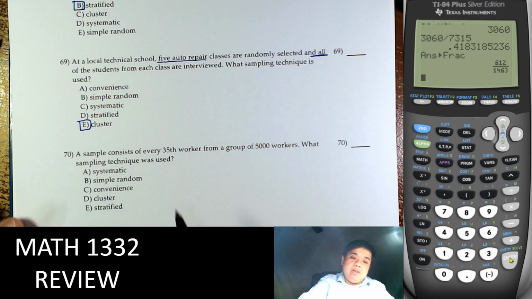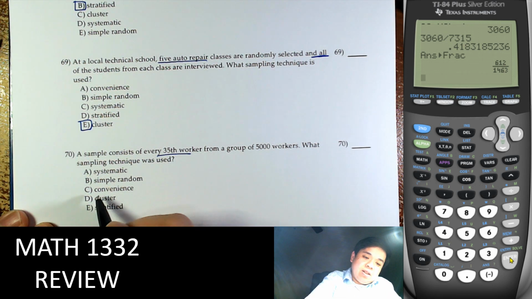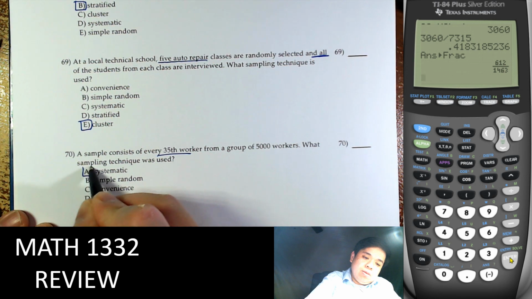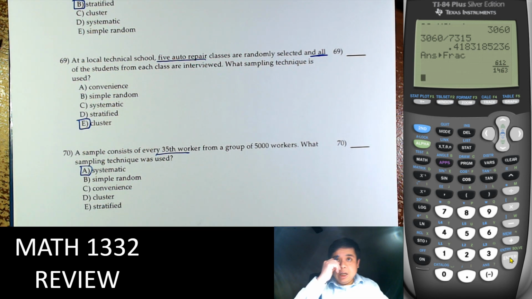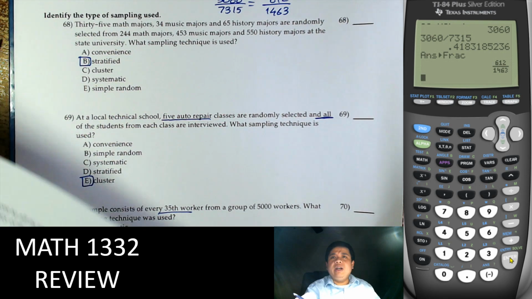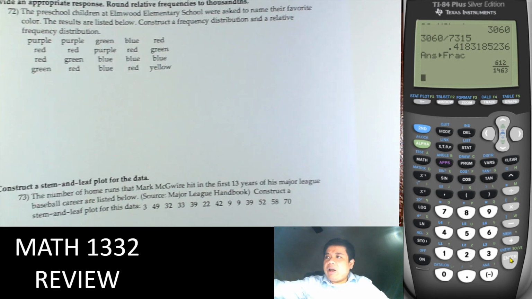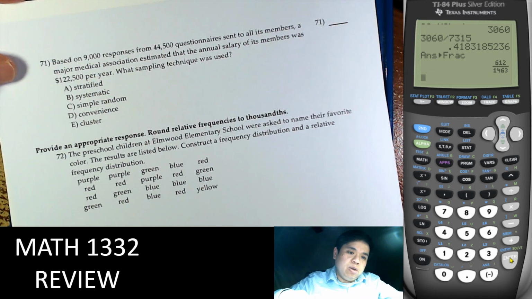So every 35th, so that is systematic. Right. So cluster is we choose the whole group, and then stratified we choose some from each group. Right. So that's the difference between the systematic and random sample. It's just easy to determine.